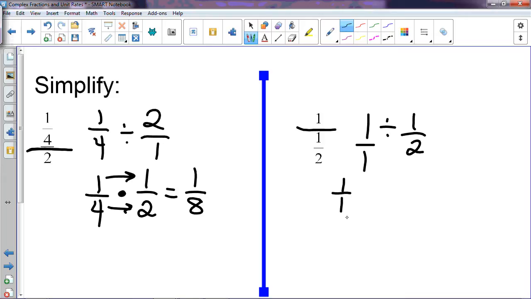Our rule is keep, change the division sign to multiplication, and flip that second fraction. So instead of 1 over 2, it's going to be 2 over 1. Again, we don't really have anything that we can cross simplify, so we multiply straight across. 1 times 2 gives us 2, and 1 times 1 gives us 1. Anything over 1 is just itself. So our final answer for that one would be 2.